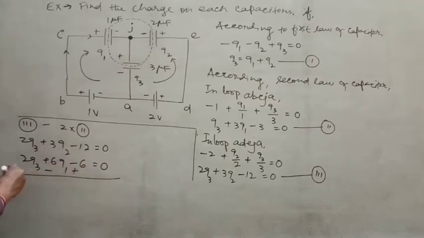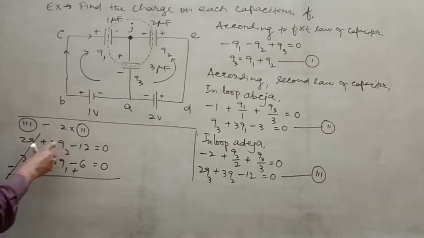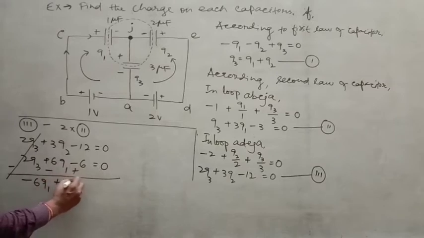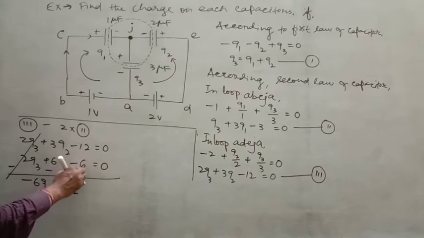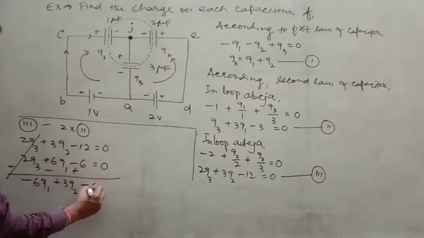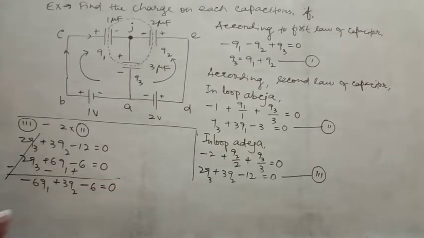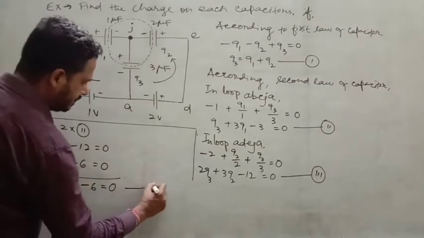Alright, so this factor will be cancelled. Here is how much you are getting. This one is minus 6q1. So minus 6q1 plus 3q2, and this one is minus 6 is equal to 0. And this is your next equation, equation 4.